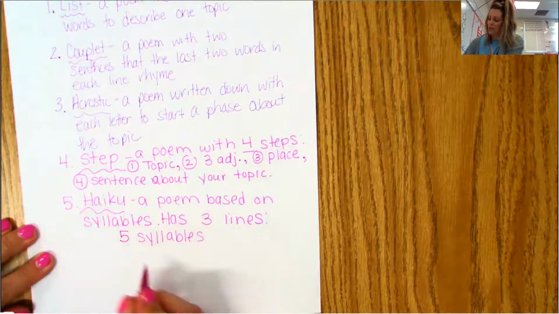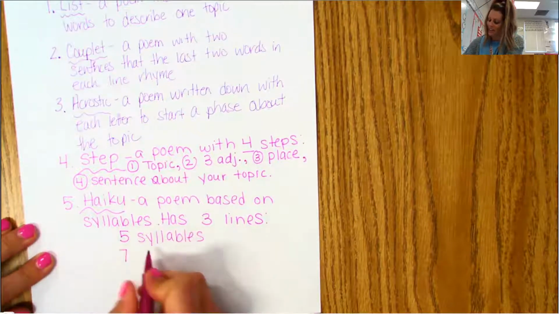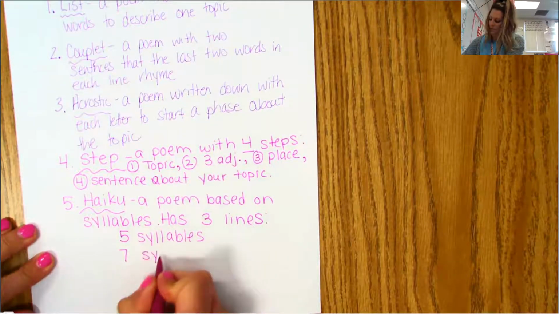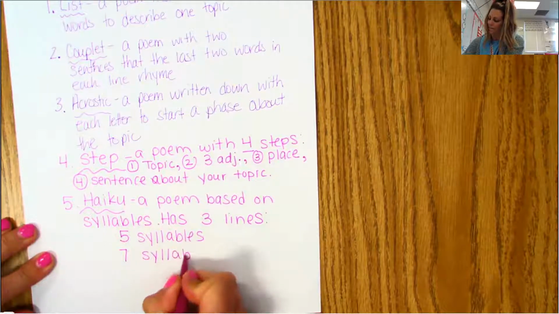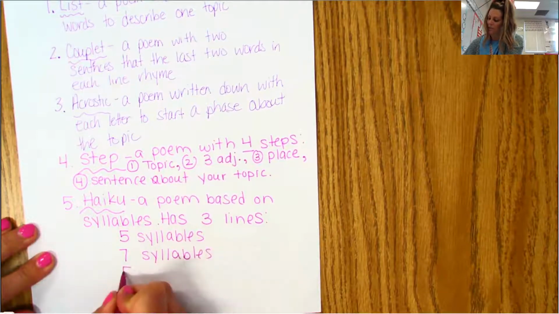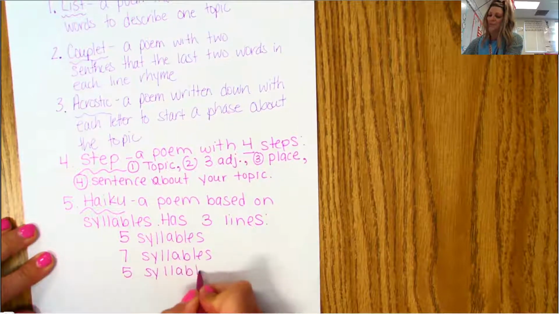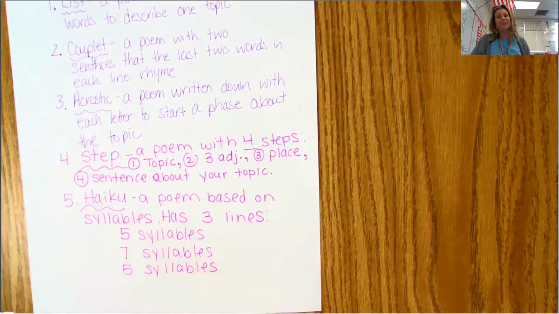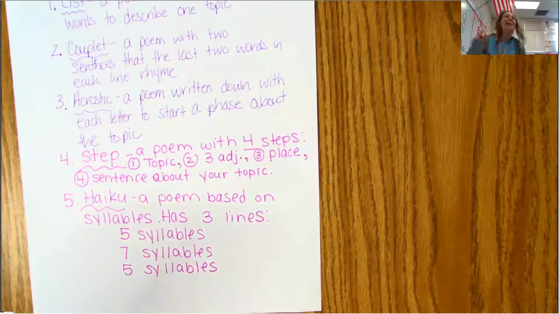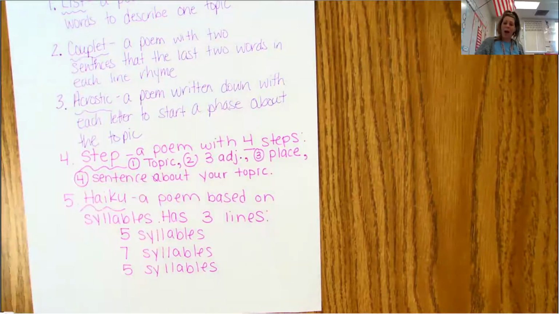Then it goes to 7 syllables. And then back to 5. Okay. So once you get the hang of it, it's really fun and it really makes you think. And sometimes you have to go back and change the words. You have to think of synonyms, some adjectives to throw in there or take out.